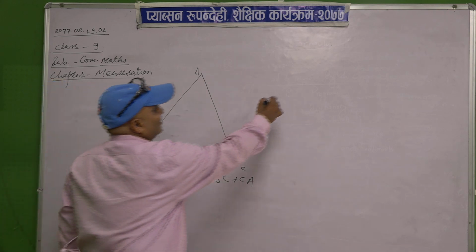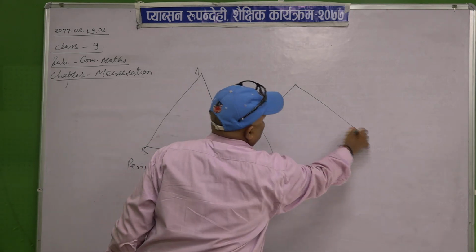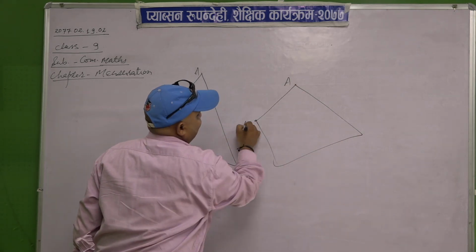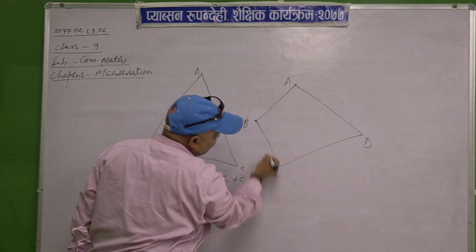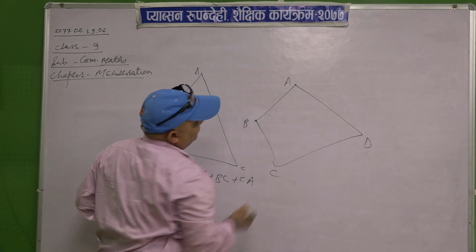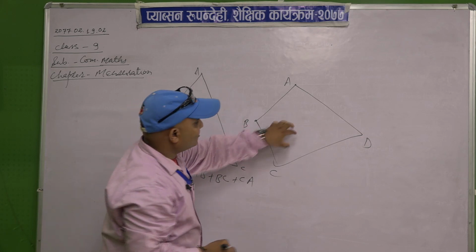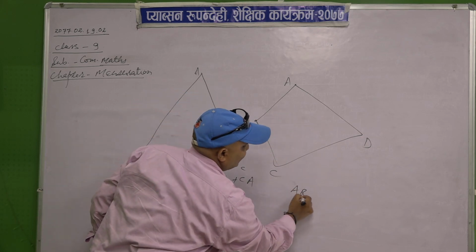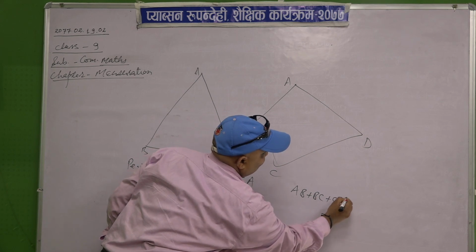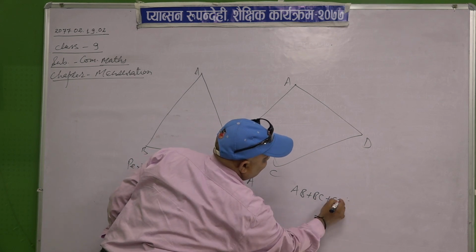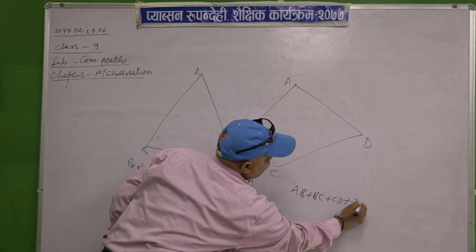Okay. Now suppose this is a quadrilateral ABCD. If you add all these sides, then you will get the perimeter of this quadrilateral, meaning AB plus BC plus CD plus DA.